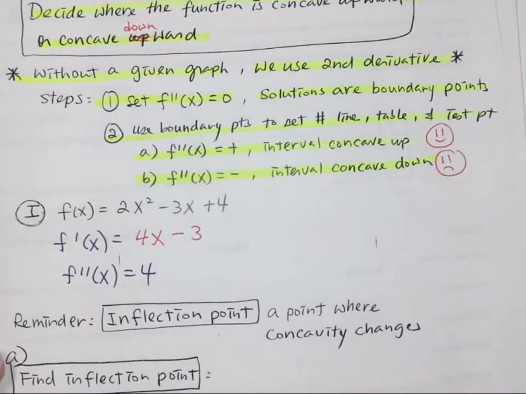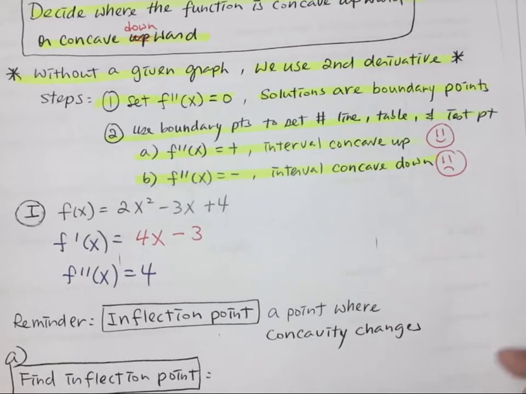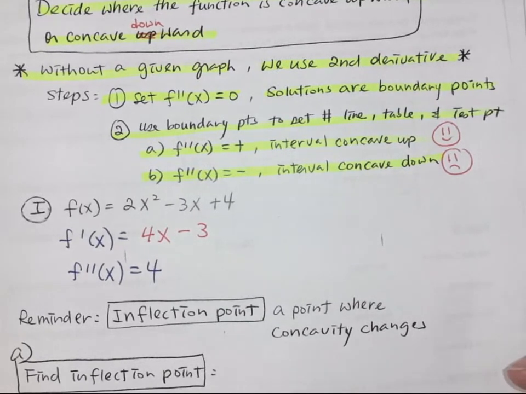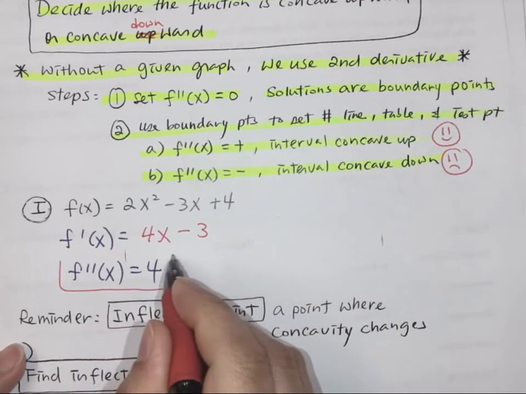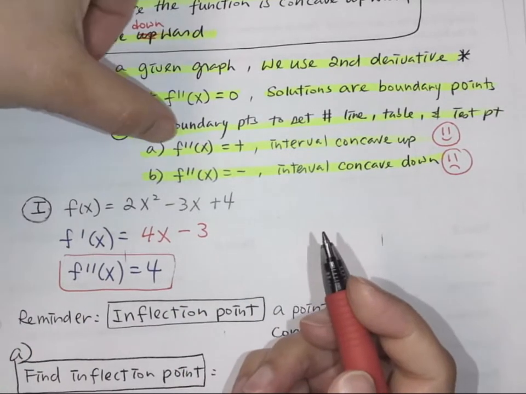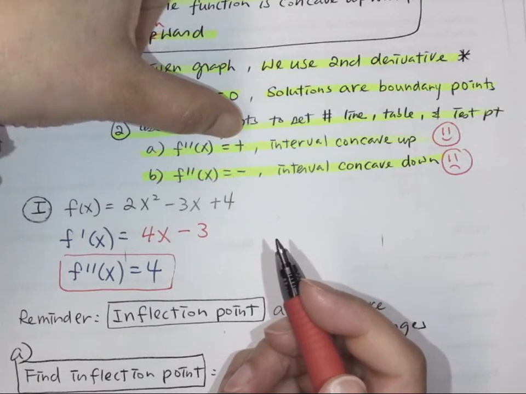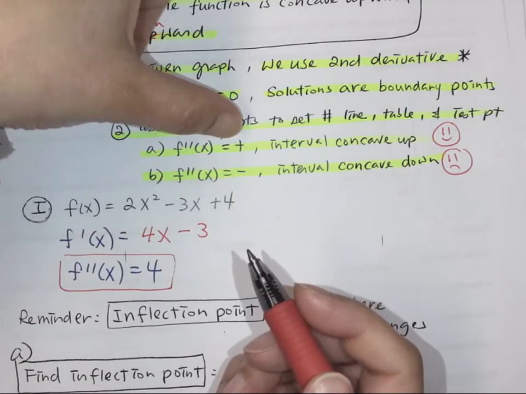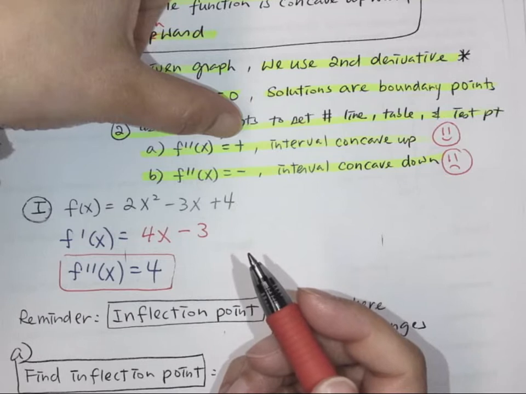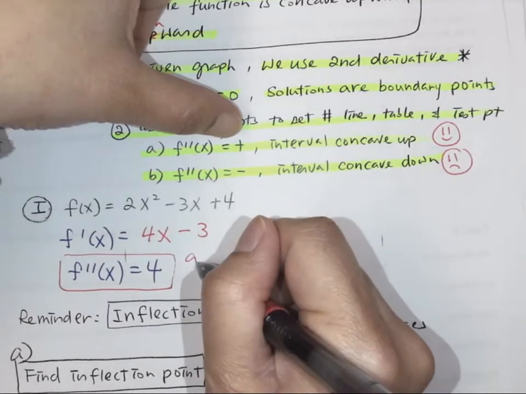So if it's equal to 4, it's a positive number. I cannot plug in any x in there to make it negative, right? So if the second derivative is positive, then it's going to be concave up.